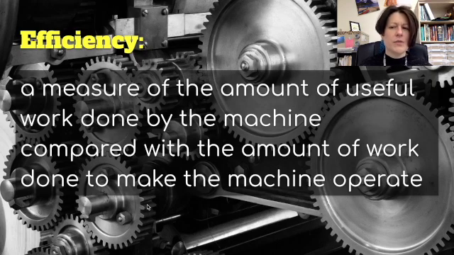So efficiency, you've probably heard this talked about with, say, fuel efficiency in a vehicle. This is a measure of the amount of useful work done by the machine compared to the amount of work done to make the machine operate. The idea is that not all of the energy is always transformed from one form to another that we want.